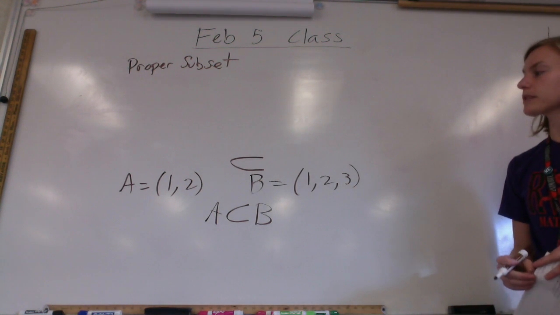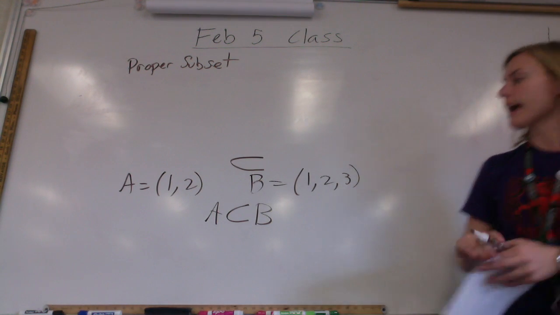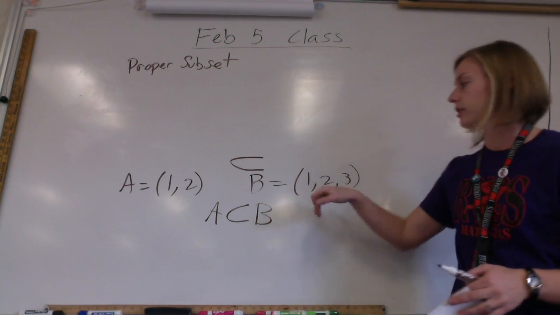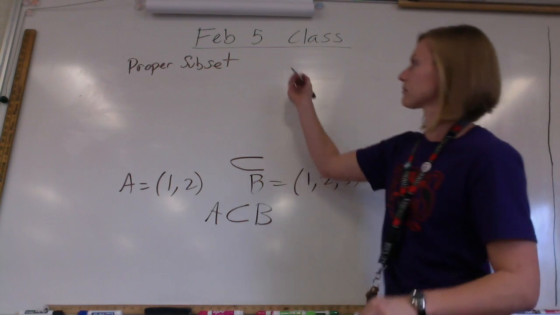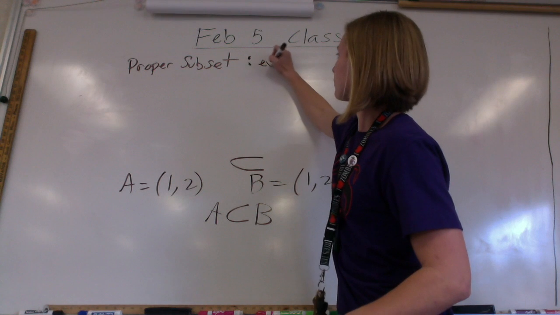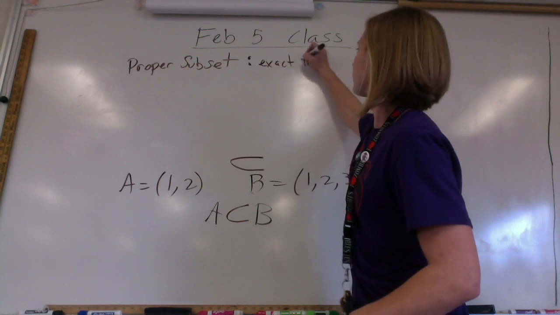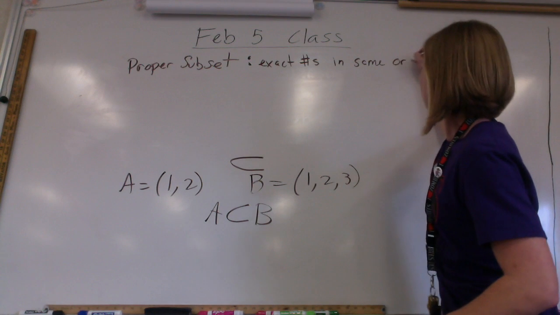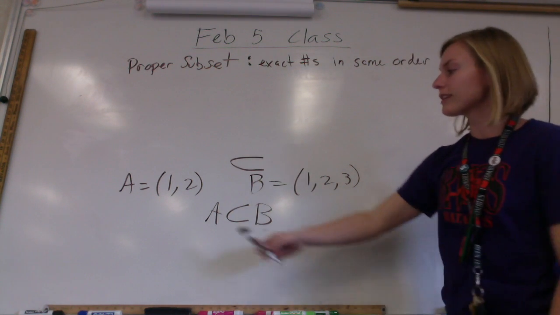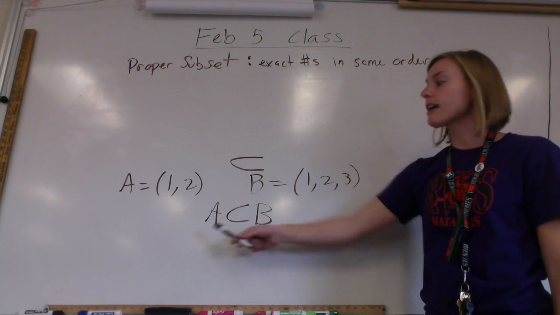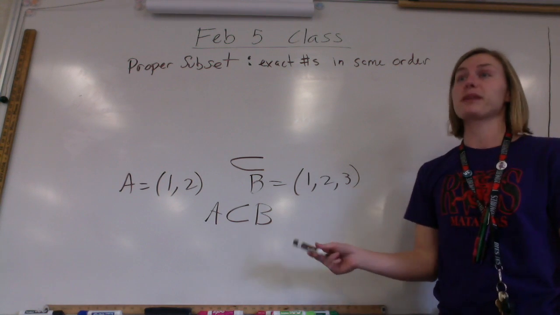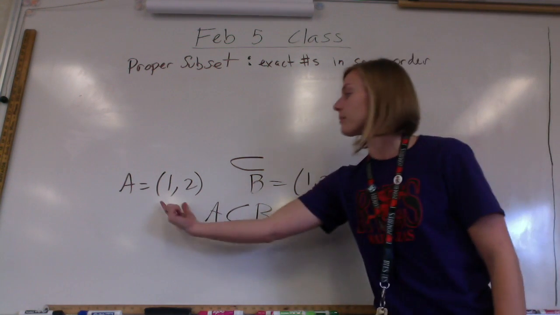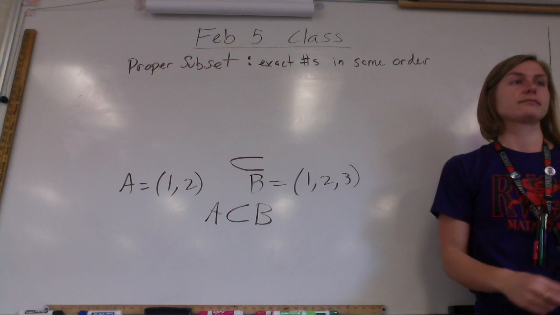So a proper subset is if the exact numbers in the exact order are part of the other set. So not only is A a subset of B, A is a proper subset of B because they have the exact numbers in the exact same order.